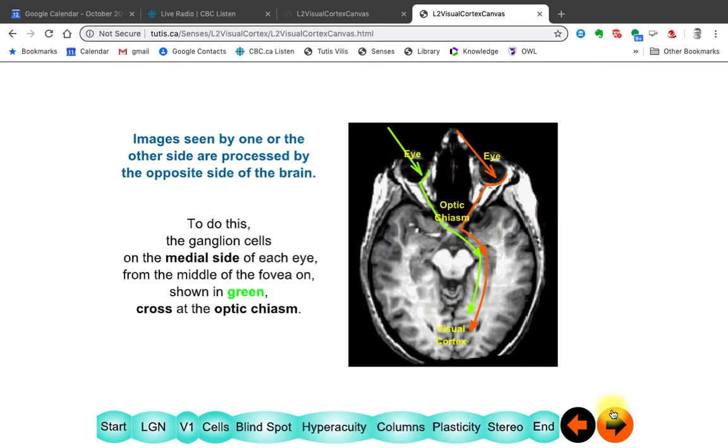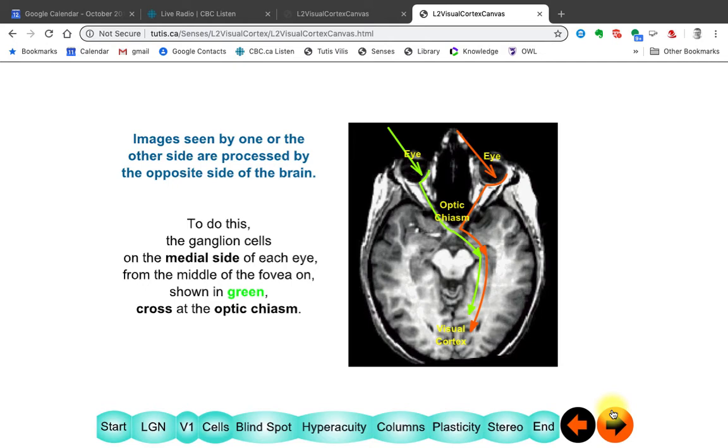Okay, how does it do it? Well, here you have a picture of your eyes and the path to the visual cortex. And the thing to notice is that the green line here always gets activated by a signal from the opposite side.